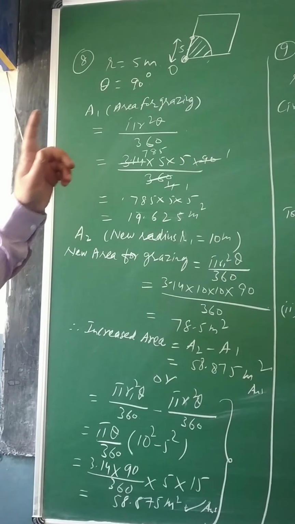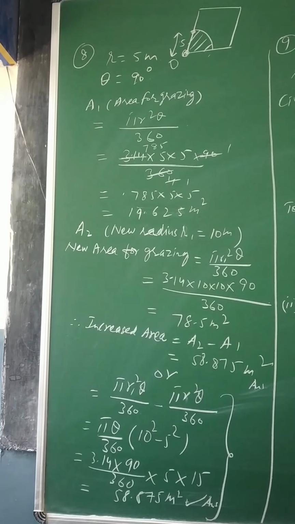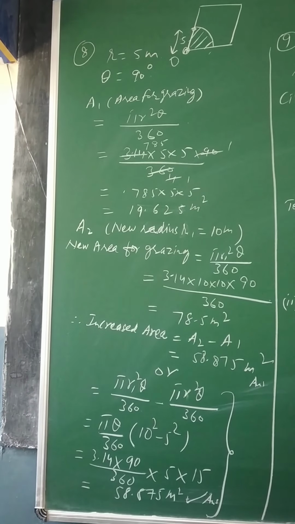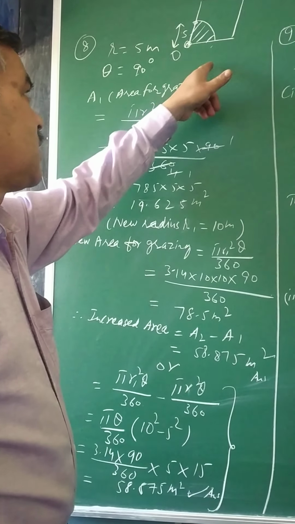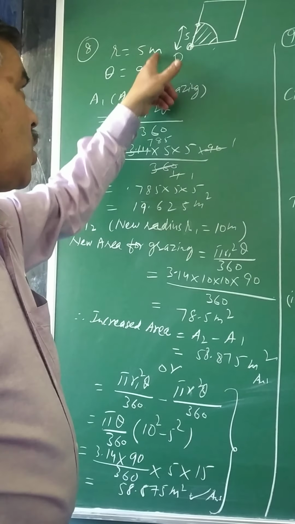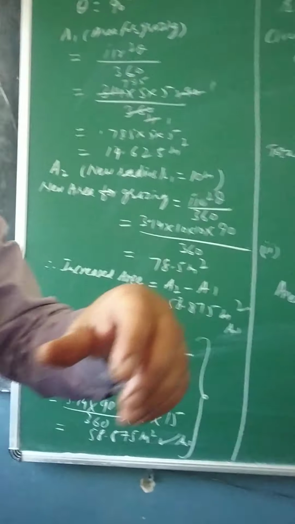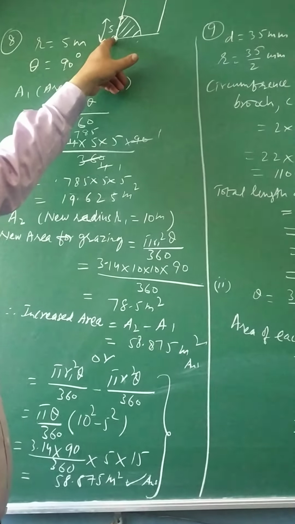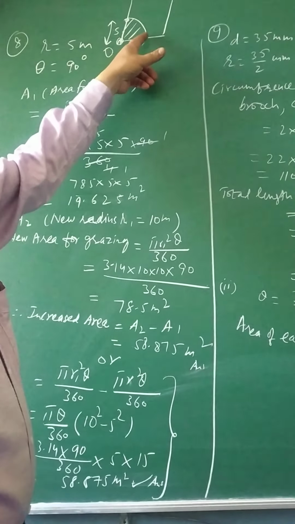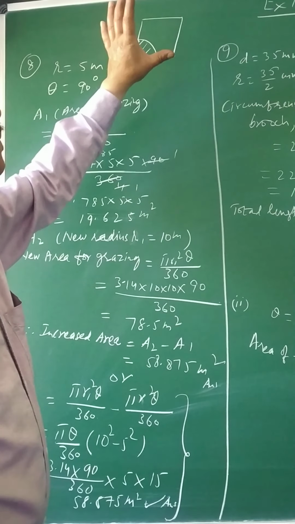So the area is related to a sector. That sector is formed because the locus of a single fixed point is always a circle. So the horse, when tied to a single point, will definitely be covering the circular part. Inside the field only this much area can be grazed by the horse.